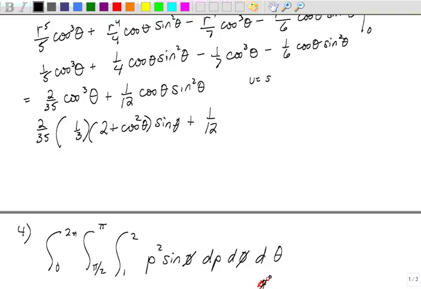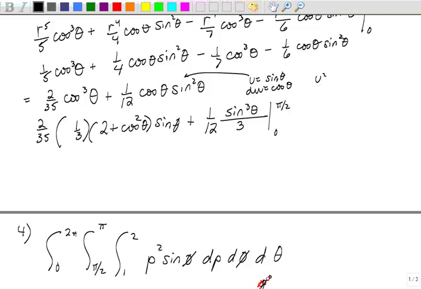If I let u be sine, and du is cosine theta, I'm talking about this part, so I'm really integrating u squared. So that's going to be sine cubed theta over 3. And then that's from 0 to pi over 2.